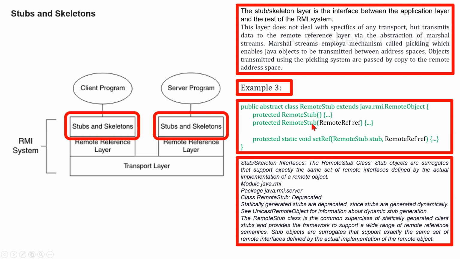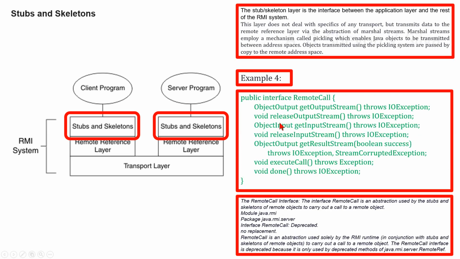The second constructor creates the stub with the given remote reference ref. The setRef method is deprecated and unsupported as of the Java 2 SDK Standard Edition version 1.2. Here the class RemoteStub is in the package java.rmi.server, which is in the module java.rmi.